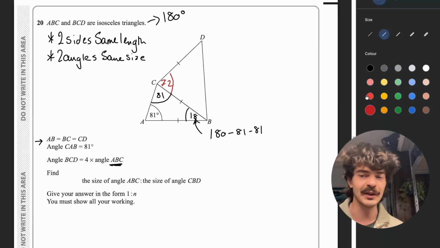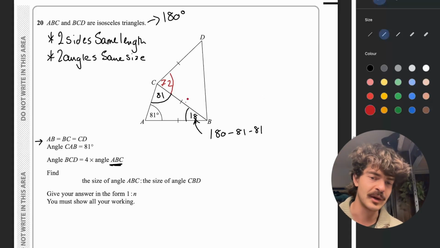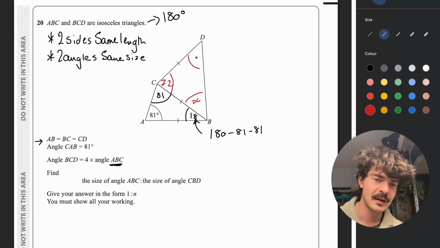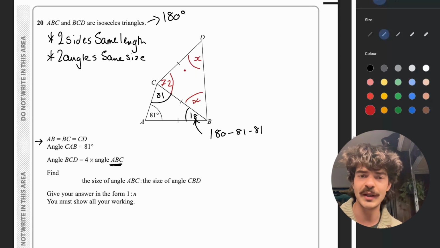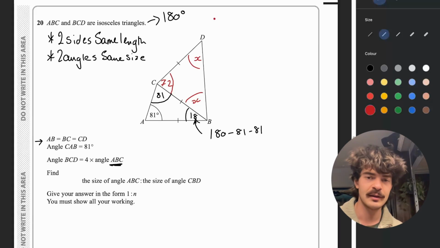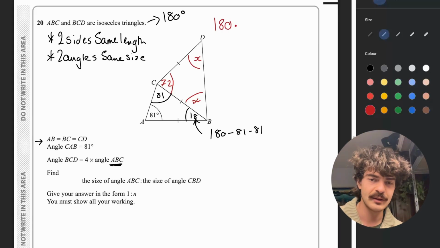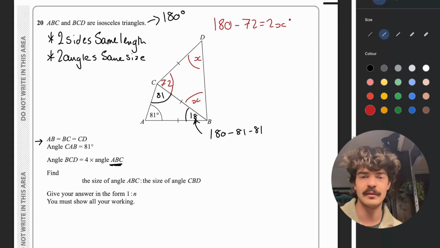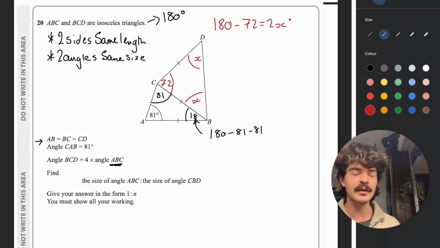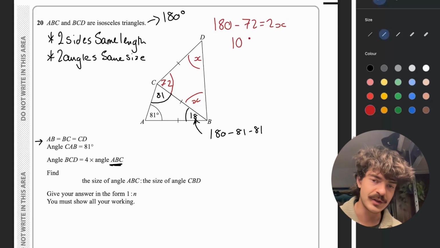So here we've got to think a little bit more outside the box. We're going to go, well, this angle x and this angle x plus the 72 is equal to 180, right? So 180 minus 72 equals 2x. In other words, we've got 108 is equal to 2x, and x is therefore equal to 54. Cool.